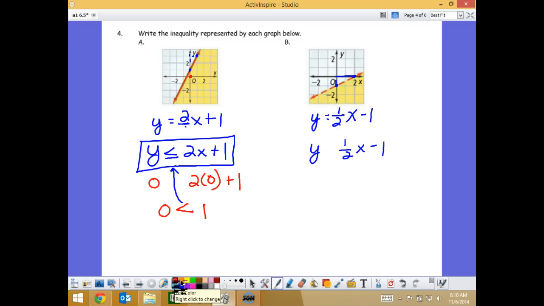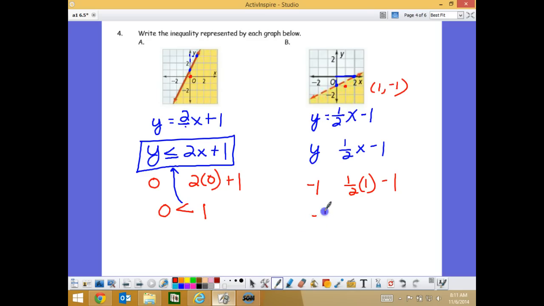So once again, we're going to pick a point that is in that shaded region. For example, the point -1, -1. So we're going to test this point, just like we did in that very first video. We're going to put that point in and determine which inequality needs to go in there. So we're going to put the y-coordinate in for y and the x-coordinate in for x.